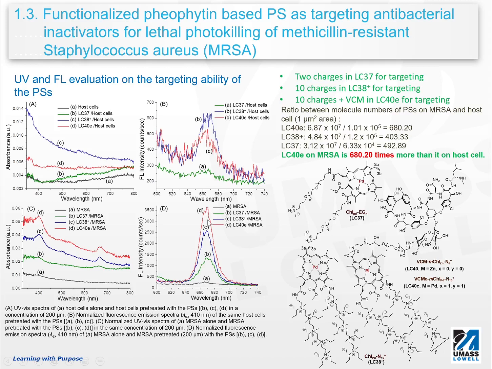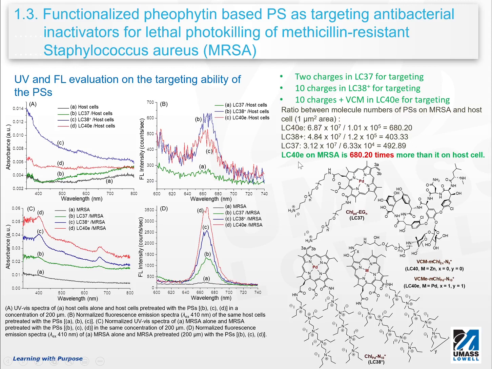And based on all these data points, we also made calculations on the host cell and the MRSA cell. The conclusion is the ratio between the molecular number of photosensitizer on MRSA and the host cell under 1 micrometer area will have the ratio like this.